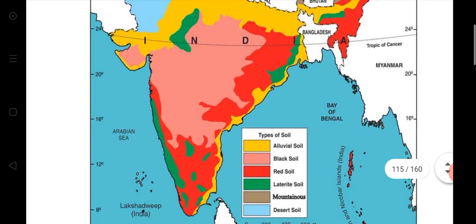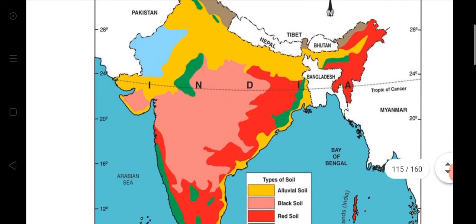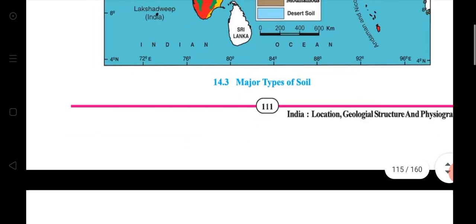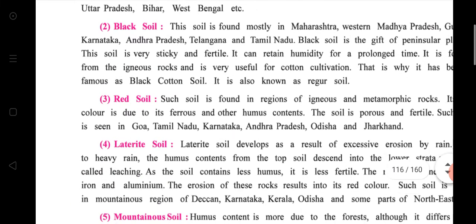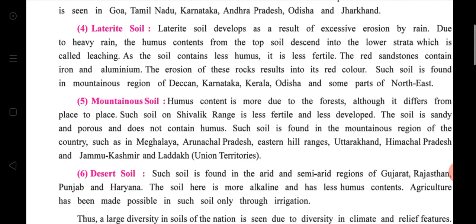So you can see in the map also. Which regions? Karnataka, Kerala, Odisha, and also some part of the northeast.